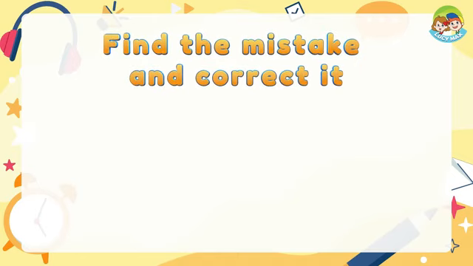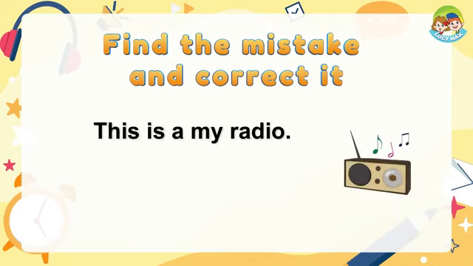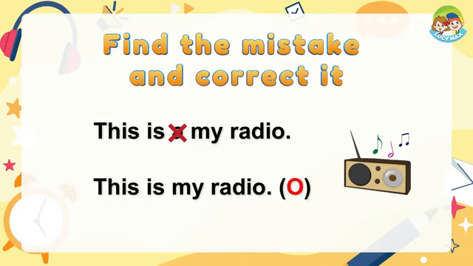Now turn to the Find the Mistake and Correct It section. A radio: this is a my radio. We do not use articles like a or an with possessive adjectives. The sentence should be, this is my radio.